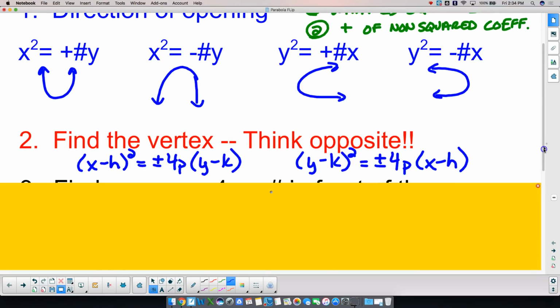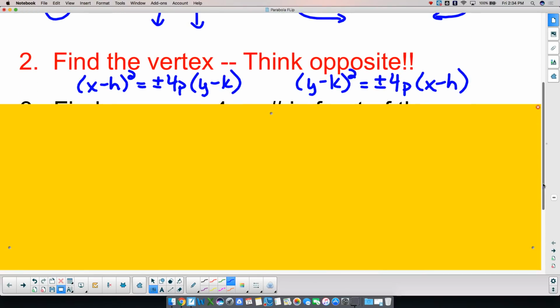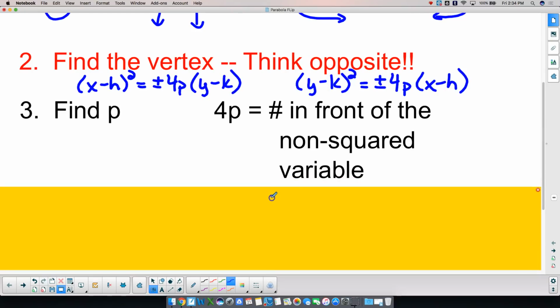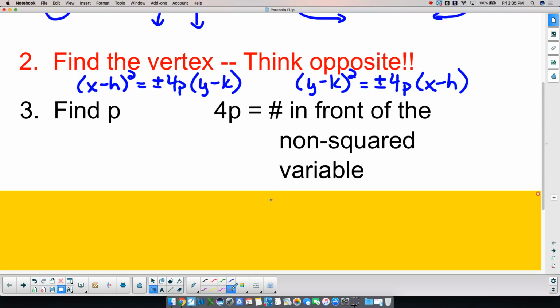Third thing we're going to do then is find the value of p. Now 4p is going to be equal to the number in front of the non-squared variable. So that is right here or right there. Okay, that's the 4p value. It's the coefficient on the non-squared variable. So we're going to divide that.